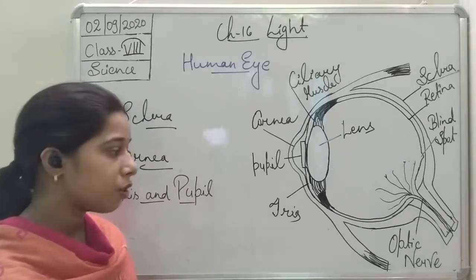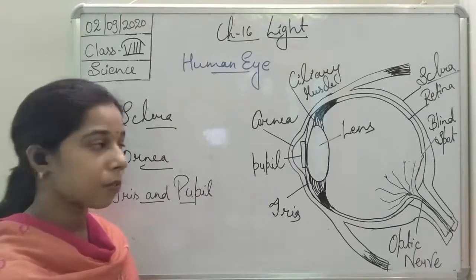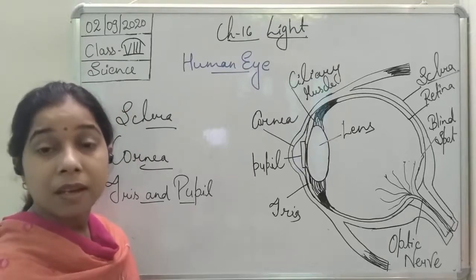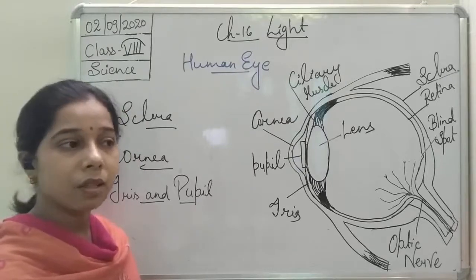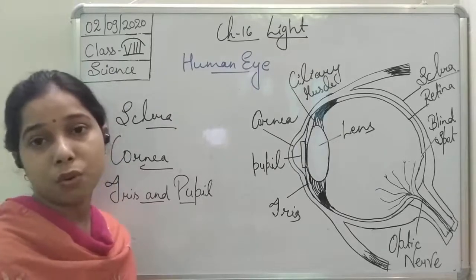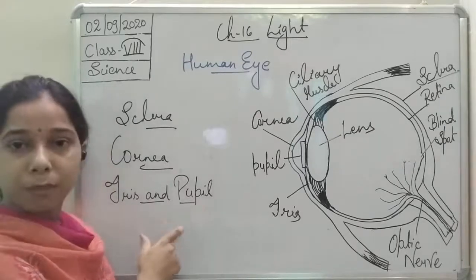It is present just behind the cornea. In the iris there is a dark circular opening, and that is known as the pupil. So iris and the pupil.